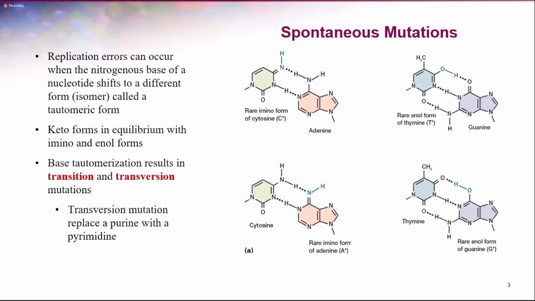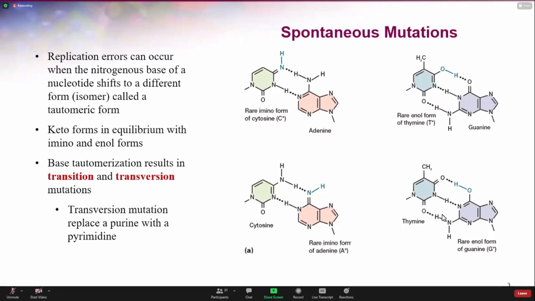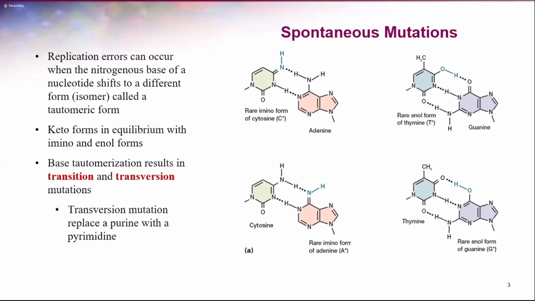Generally, thymine base pairs with adenine, and it produces 2 hydrogen bonds. Here you're seeing that 3 hydrogen bonds are present between guanine and thymine.